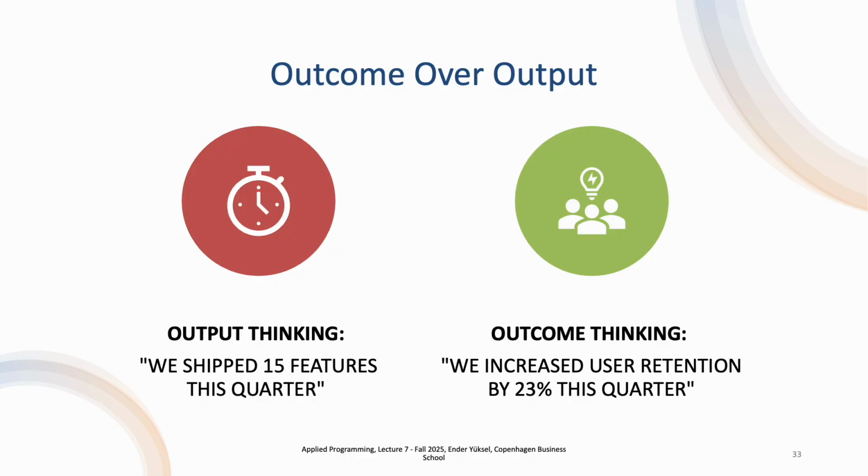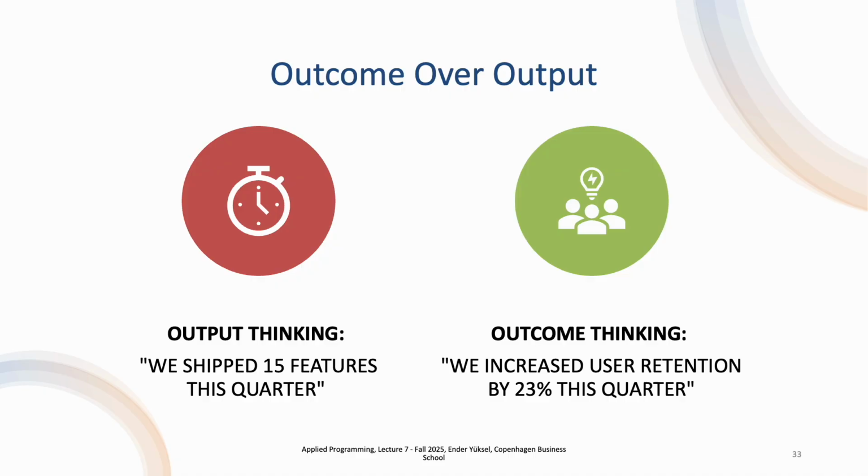Another example, if we have output thinking, we might be saying we shipped 15 features this quarter. But when we have outcome thinking, it can be such as we increased user retention by 23% this quarter. So as you can see, the first one is sometimes also called feature factory in the industry.